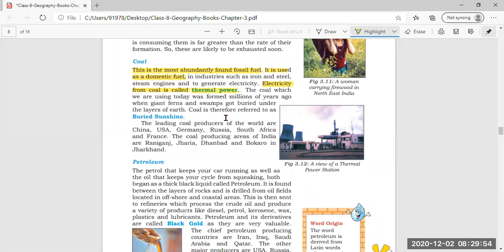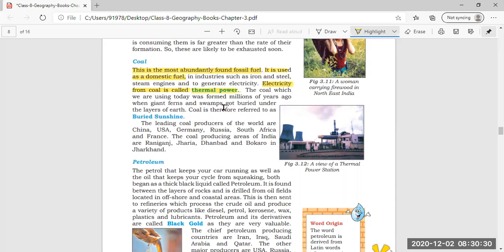So whatever we are using today in the form of coal was buried deep inside the earth millions and millions of years before, when the giant ferns, meaning the plant life and the swamps, were there. They were buried deep inside the earth and kept there, and they formed the coal which we are using now.